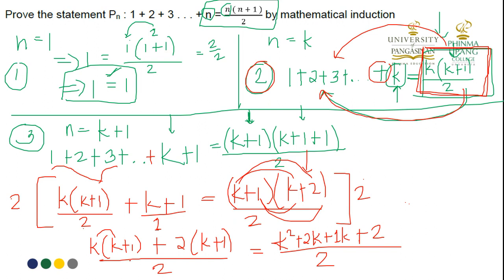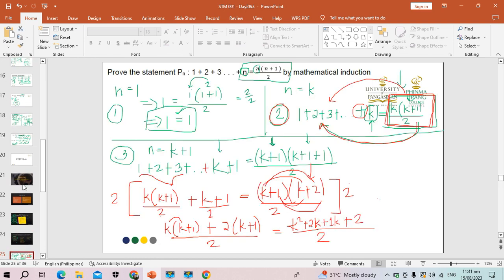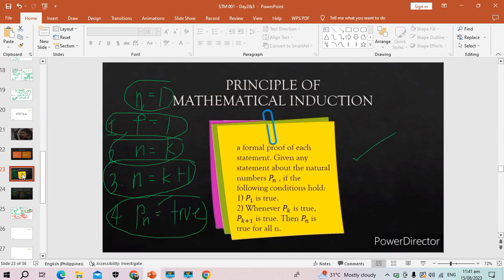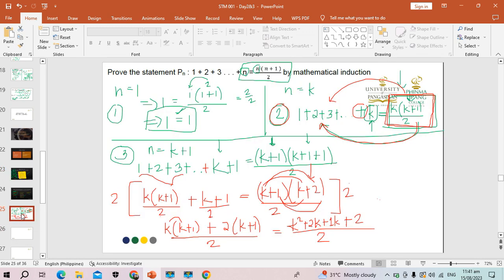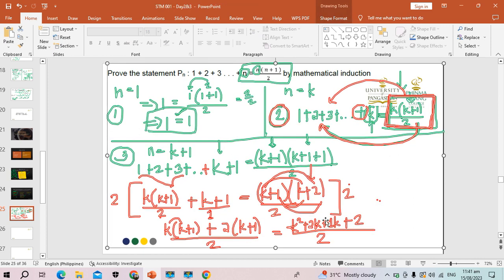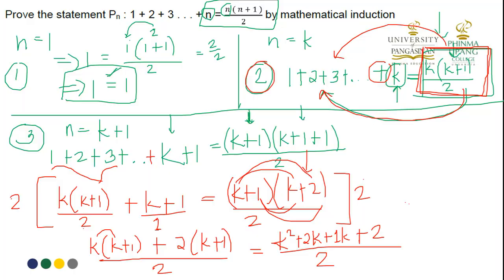Kulang yung ating space. Wait lang. Saan yung sinusolve ko? Dugtungin lang natin dito. Print screen.